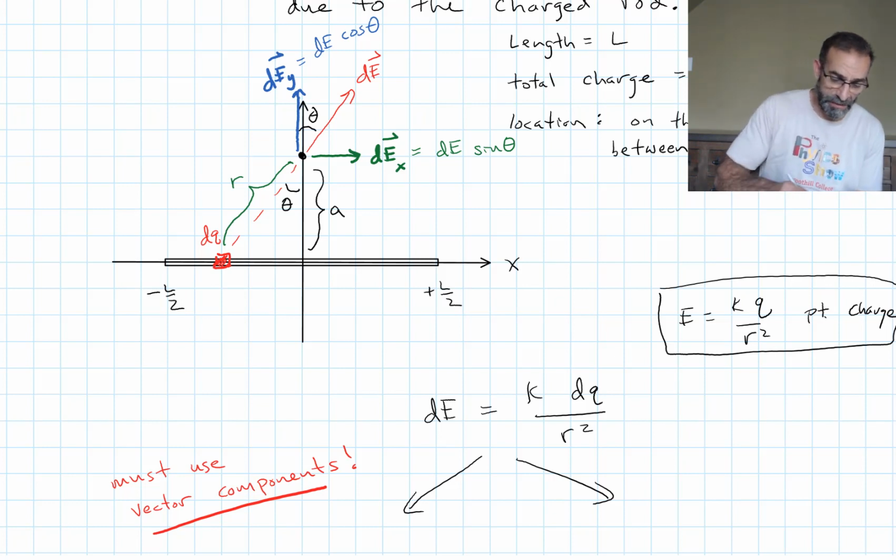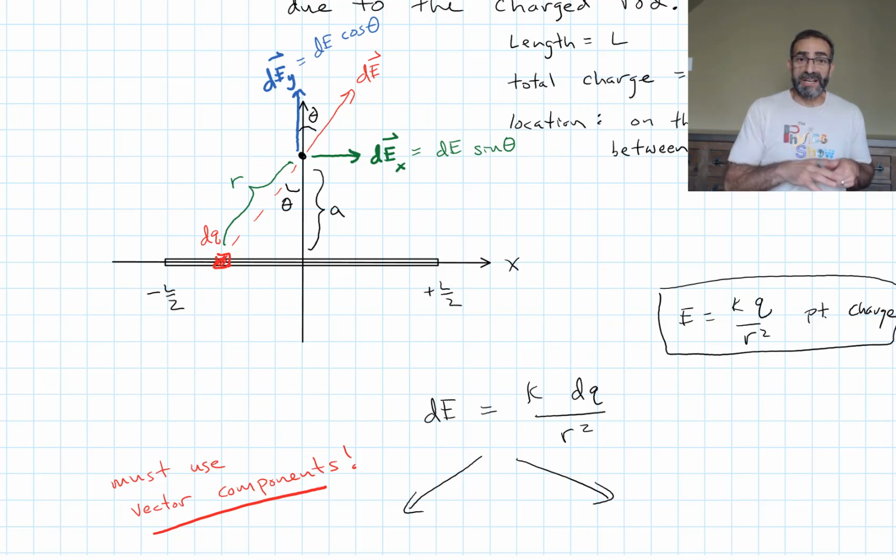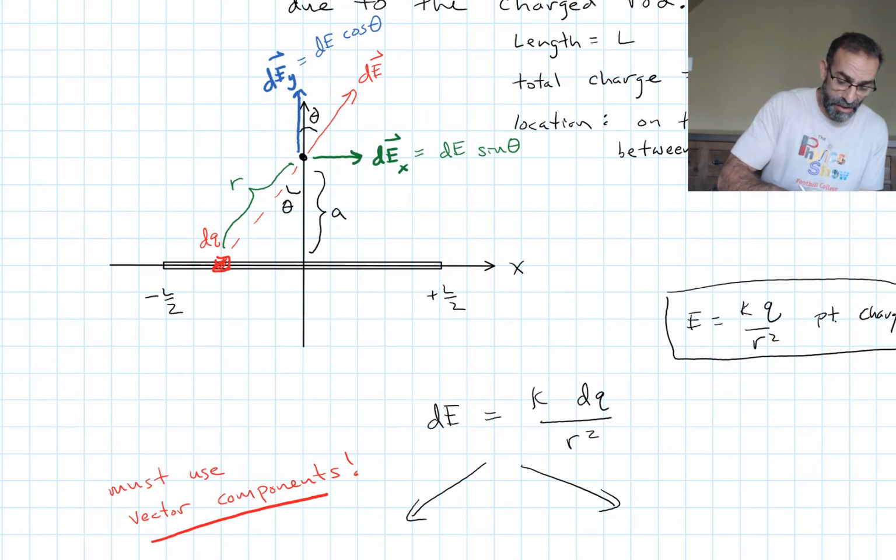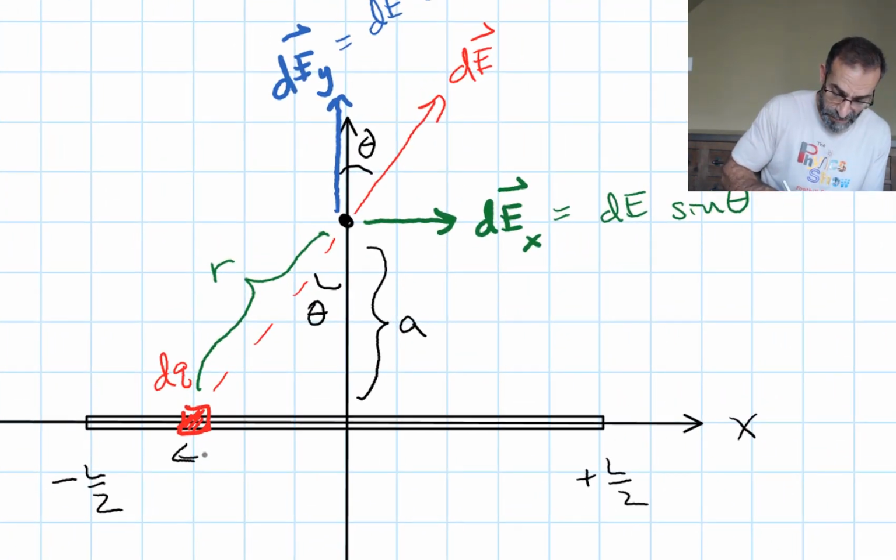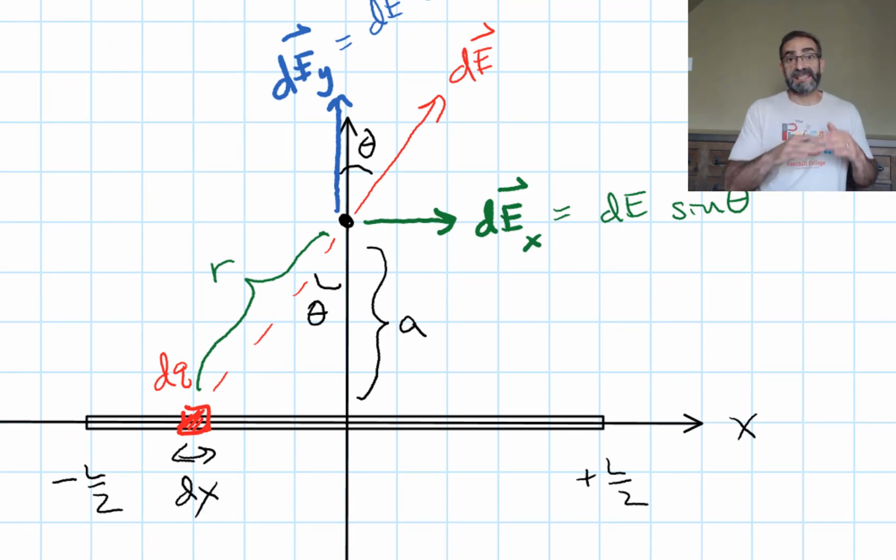That's what we're trying to figure out. If this little chunk is just a piece of a rod, it has some length to it, and we're going to call that dx in this case, because it's lying along the x-axis, right? Some little tiny length. And we want to know how much charge is in that little tiny length.